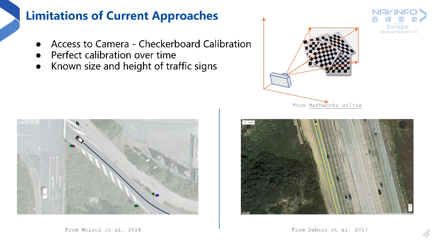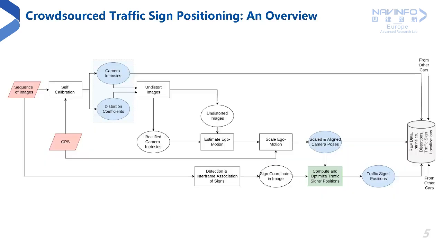Some works even assume that the ground truth size and height of the different traffic signs are known beforehand. Therefore, in this work, we introduce a system for crowdsourced traffic sign positioning from unknown cameras without presuming access to the camera parameters. Here is an overview of our crowdsourced mapping framework.